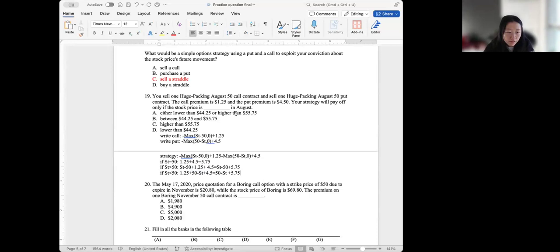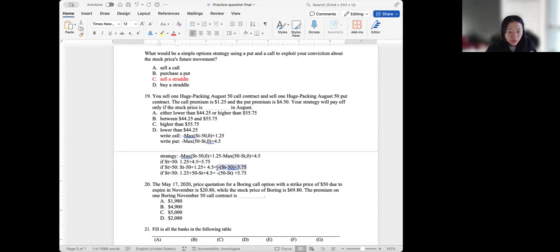And our strategy will pay off only if, okay, so if ST is, I need to add a negative sign here. And a negative sign. It's not hard to tell that if ST is greater than 50, this part will lose money. So we don't want ST to be way too higher than $50.